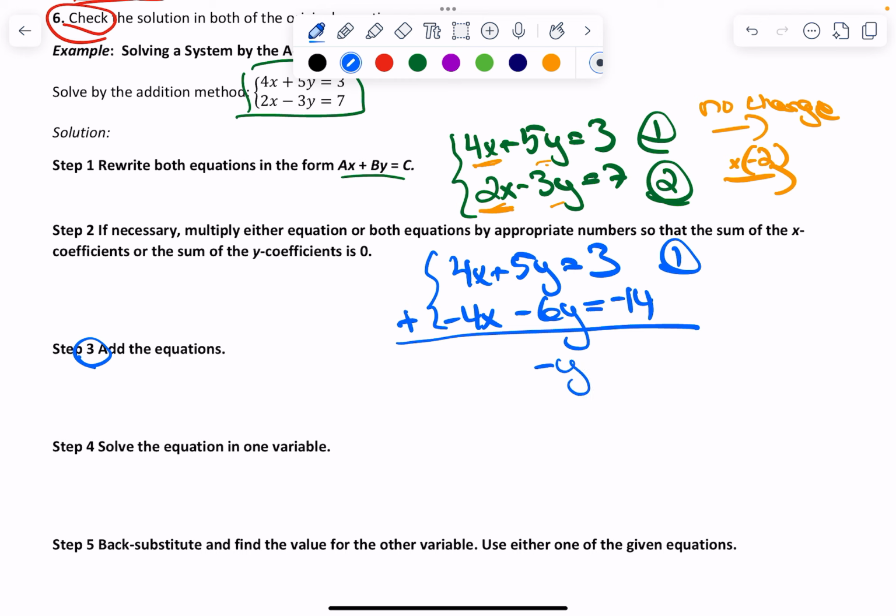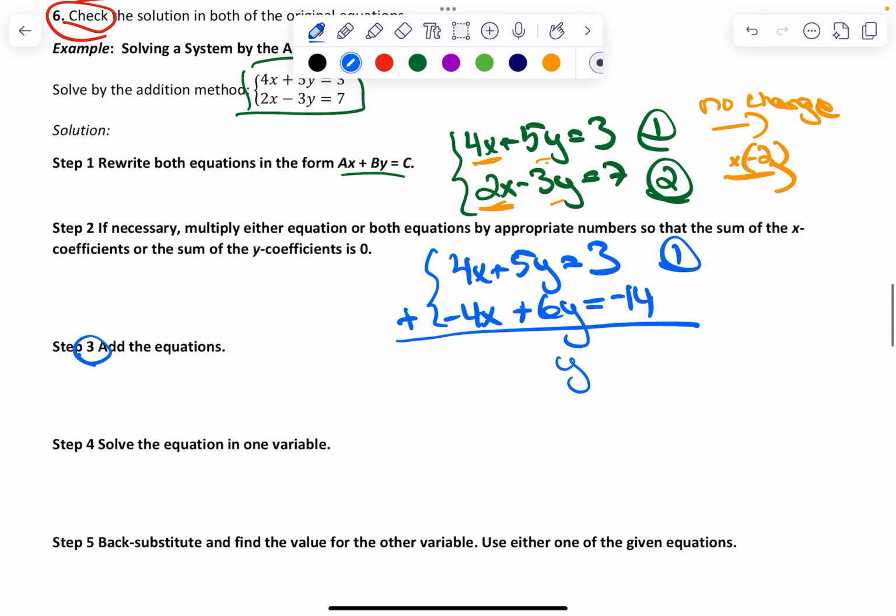Hold on a second, I need to change this sign. Negative 3y times negative 2 is positive 6y. So this should be 5y plus 6y, which is 11y. And 3 minus 14 is negative 11.